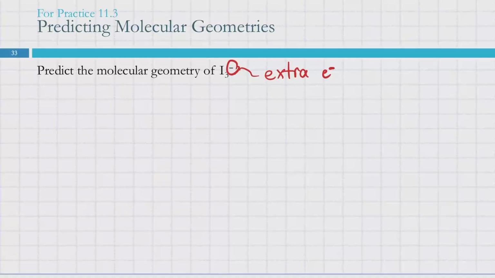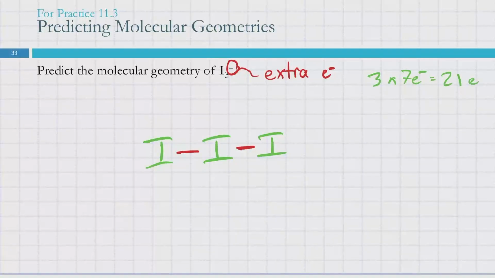Okay, so to put this together, we need to start out with laying them out, and some of you might not be able to believe this. It's I-I-I. And then we have to connect them with bonds, and we also need to know how many electrons we have. We've got 3 times 7 electrons each, which would give us 21 electrons plus that 1 electron from that 1 negative charge.